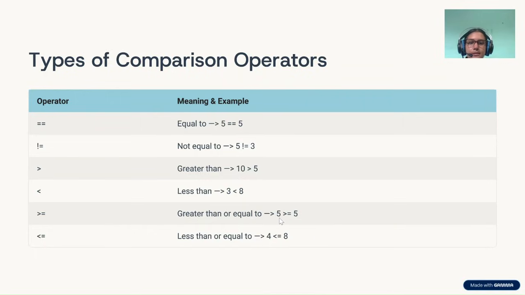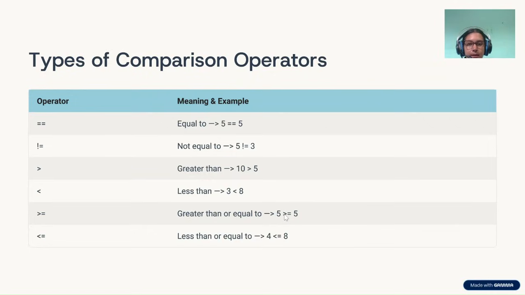If this was 8 is greater than or equal to 5, then also it will return true because one of these conditions is being met, right? 8 is greater than 5, although it's not equal to.